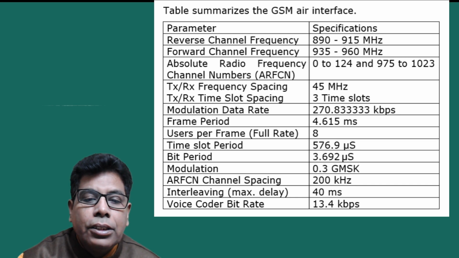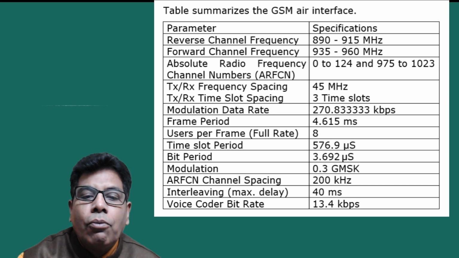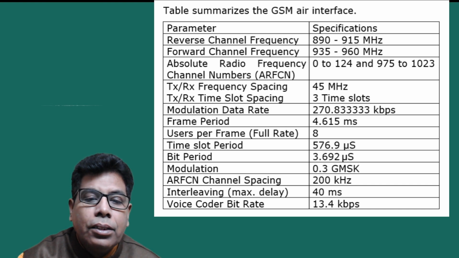Then modulation is 0.3 GMSK. ARFCN channel spacing is 200 kHz. Then interleaving, that is maximum delay is 40 milliseconds, and voice coder bit rate is 13.4 kbps. So these are the specifications of the radio transmission parameters of GSM.